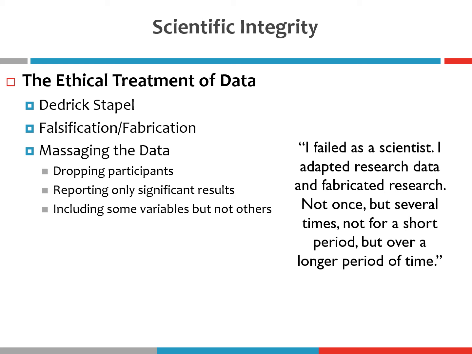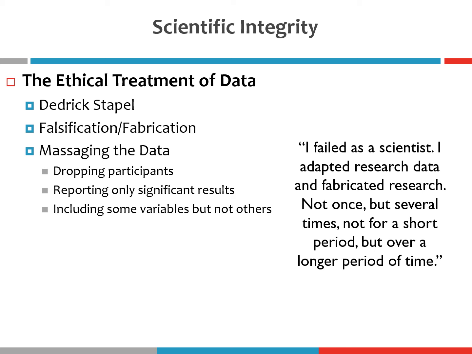Okay, so for example, if you collect data on numerous variables, okay? And most of those variables are not significantly related to whatever construct you're studying, okay? But you only report the ones that are, okay?